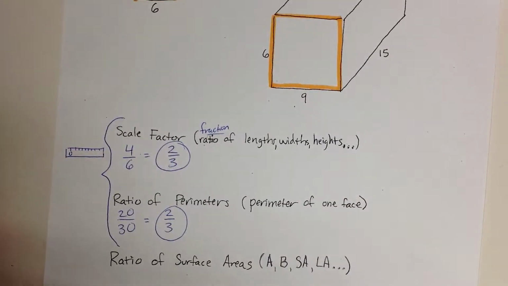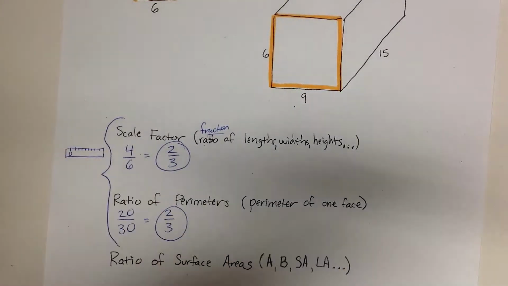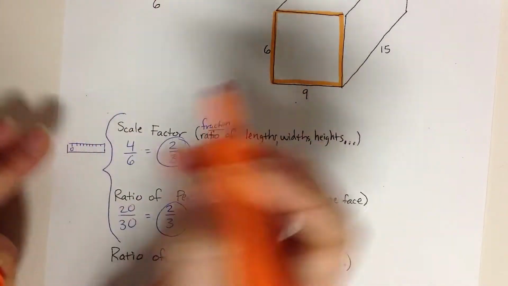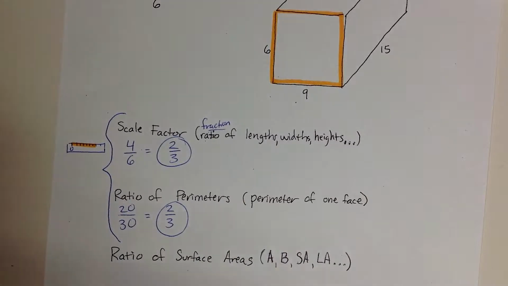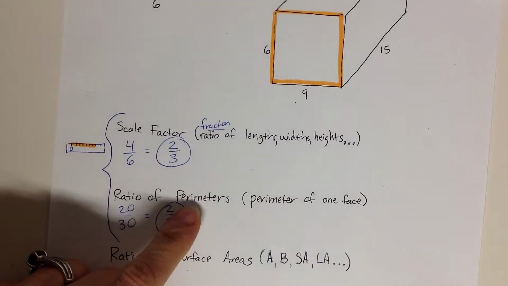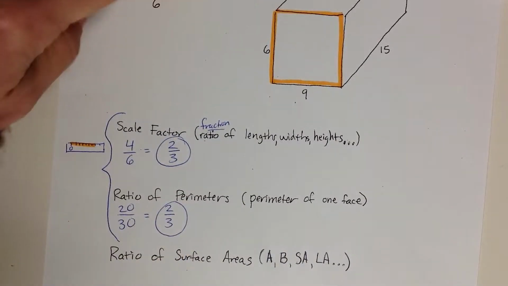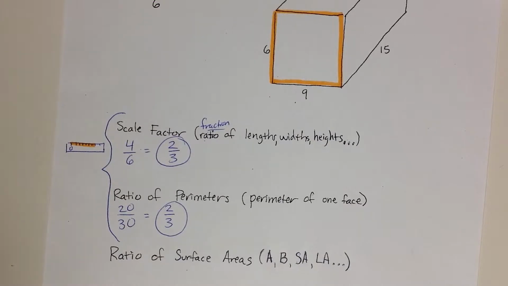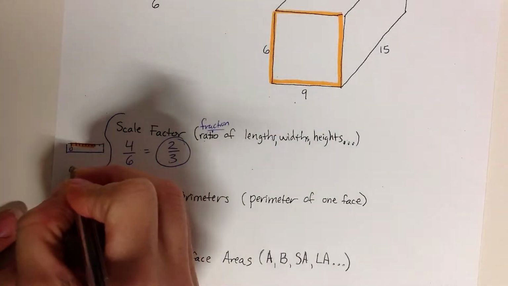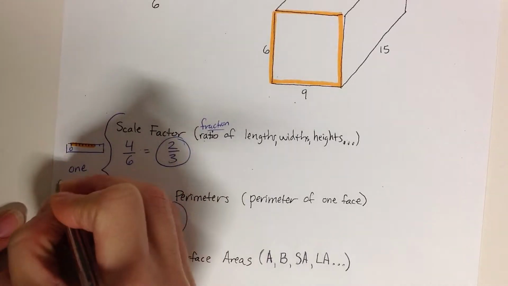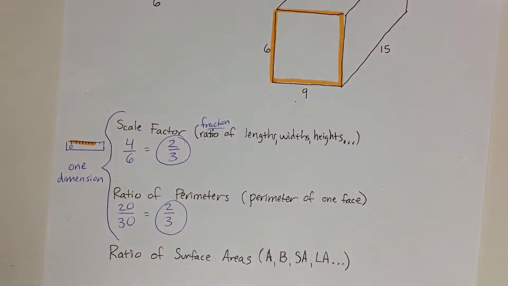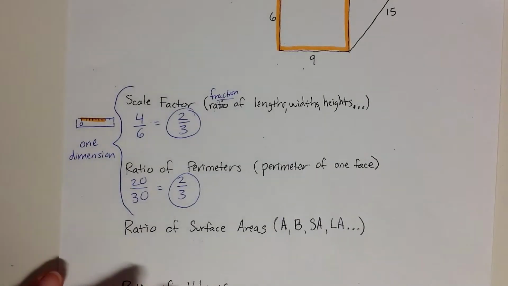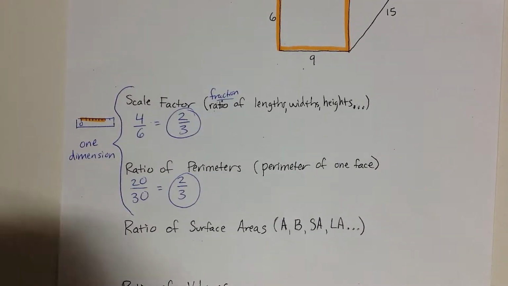For example, if I wanted to measure this side right here, that length, I use a ruler. Perimeter is also a ruler, I would just have to turn it every time I get to a corner. But that's measured in one dimension, just a length. So that's why those two are always going to be equivalent, and that's used in problem solving.